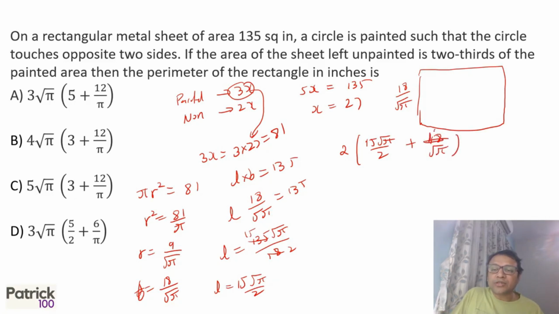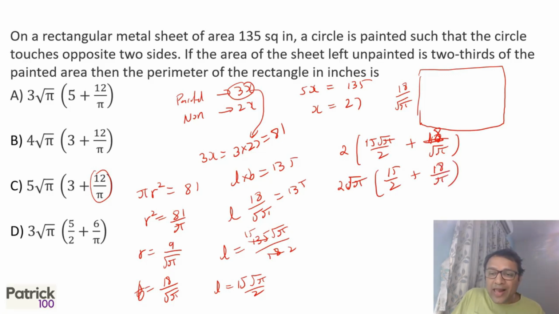Now if you look at the options, all the options have 12 upon pi. So first of all, I can take root pi outside. The moment I take root pi outside, with the 2, what comes inside is 15 upon 2 plus 18 upon pi.